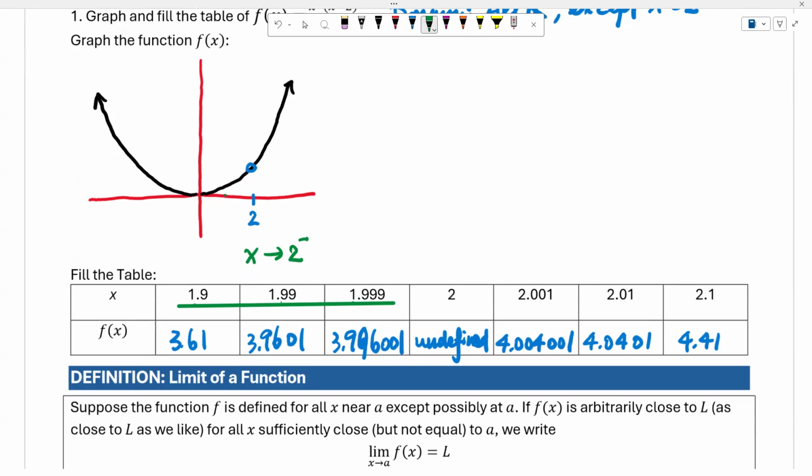So x approaches 2 from the left side. And then you will see what happened to the output: the output is getting closer and closer to the number 4. So in this case, we could write the limit as x approaches 2 from the left-hand side of the function f of x is equal to 4.